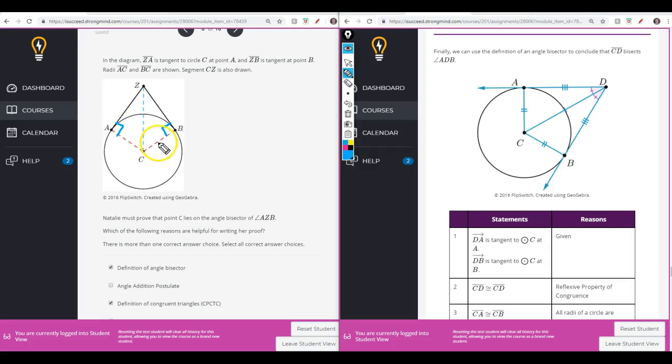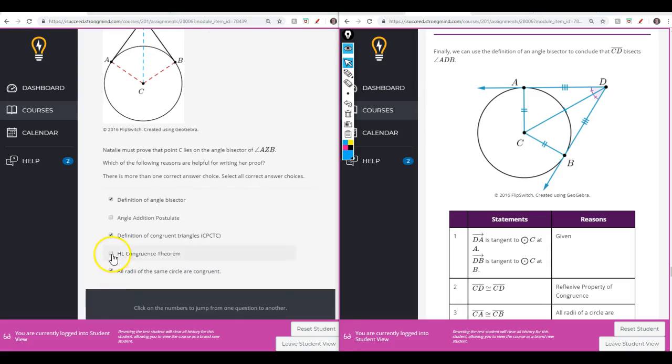With a right triangle, there is what's called the hypotenuse leg congruence theorem, where you would only have to prove that their hypotenuse is the same, which it is right there, and that one of its legs is congruent to the other one, which it is because we have the radii right there, and all radii are congruent. So we would have the requirements for the hypotenuse leg congruence theorem.